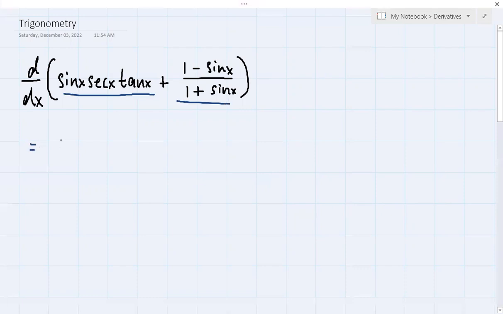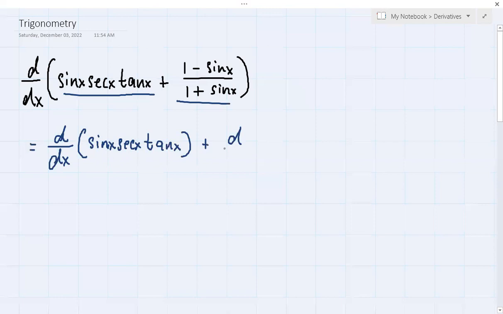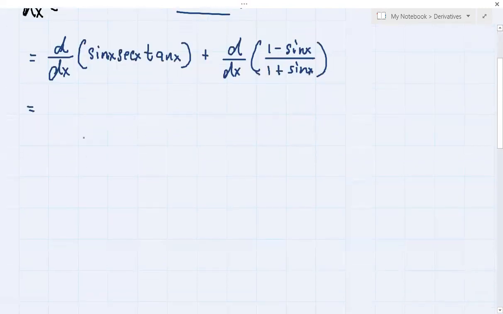So, syempre, since we have first term and second term, naka-separate by the addition operation, so we will have the derivative of sin x times secant x times tangent x plus the derivative of 1 minus sin x all over 1 plus sin x.